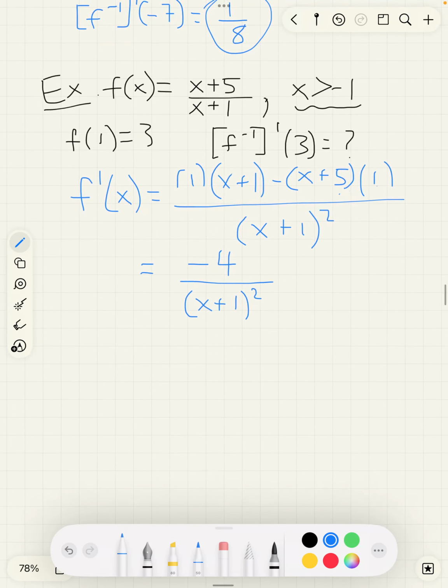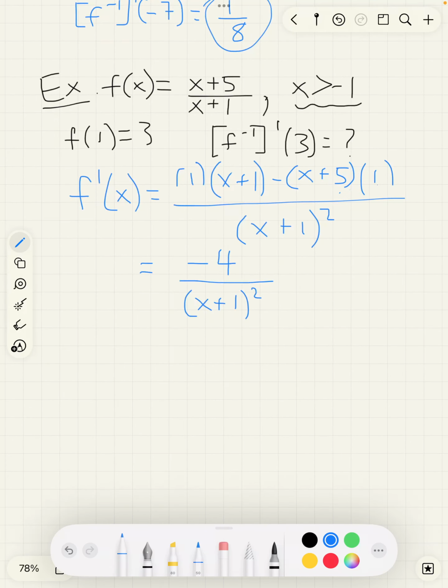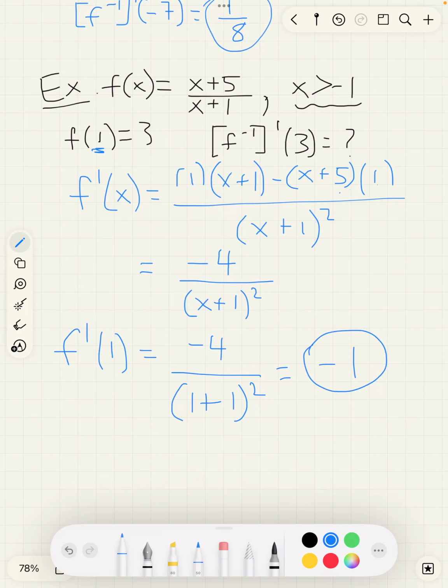So now that we have f prime, we can plug 1, the x from the original statement, into f prime. A little bit of arithmetic will tell you that this is equal to -1, which is not our answer, so I shouldn't circle it. All right, so that's the derivative of f.